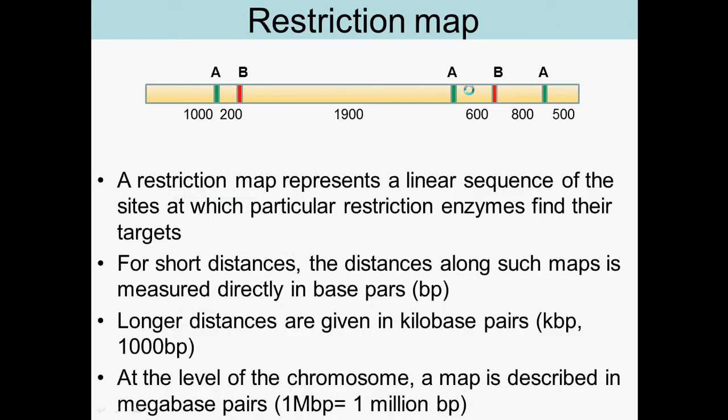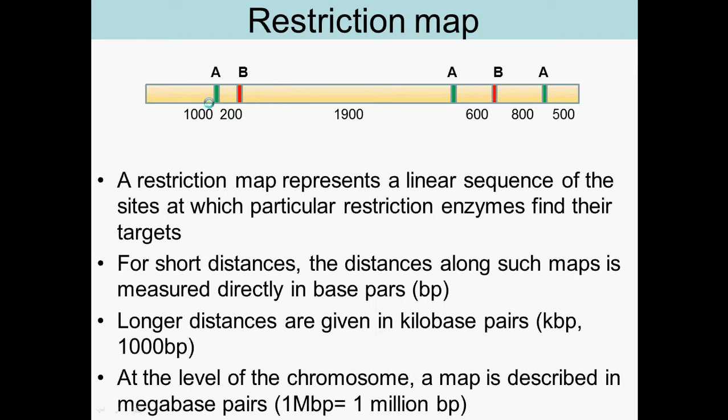And this is a restriction map made using restriction enzymes. So let's say this is EcoRI, the green one, and let's say the red one is another enzyme. If you just use EcoRI, the green ones, you're just going to have a cut here and a cut here. You're not going to have these red cuts.